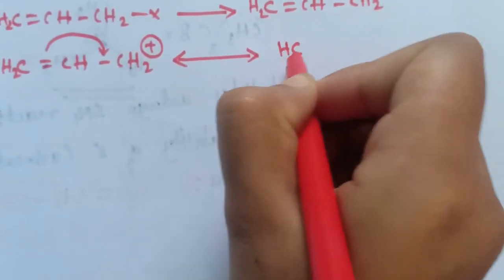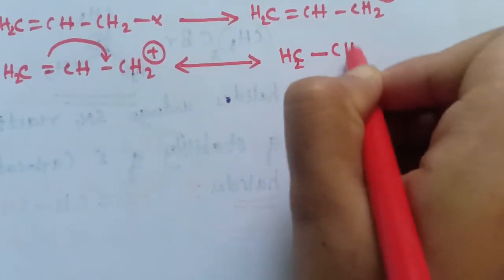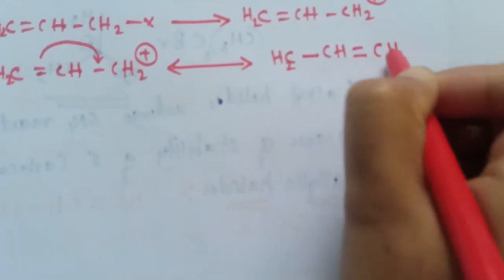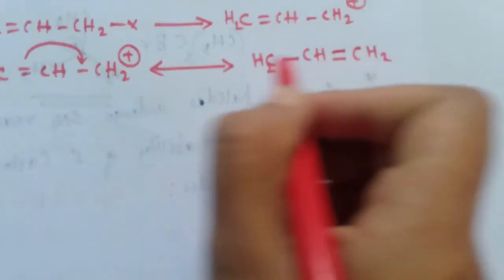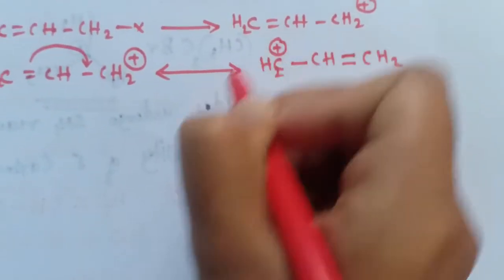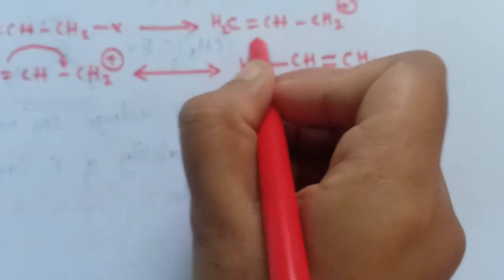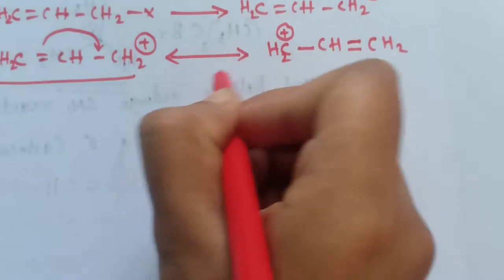This is the resonance symbol, and here it becomes a single bond because the bond is shifted towards this side, and here you can observe the carbocation. In the first, here is the carbocation; in the second, here is the carbocation. It is stabilized by resonance.